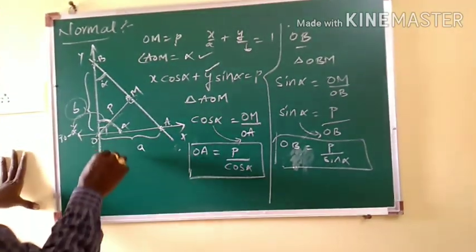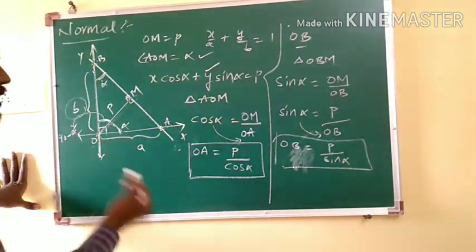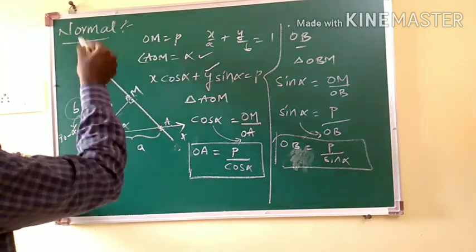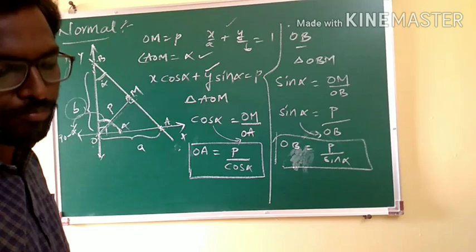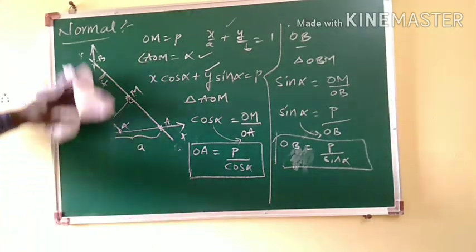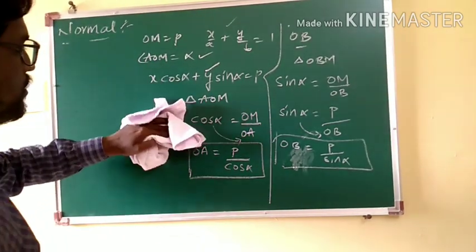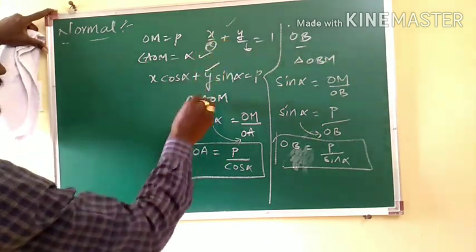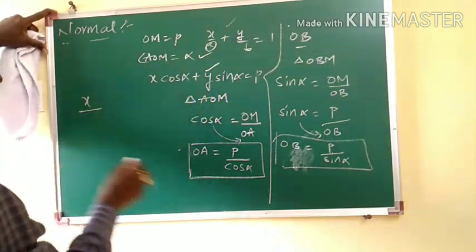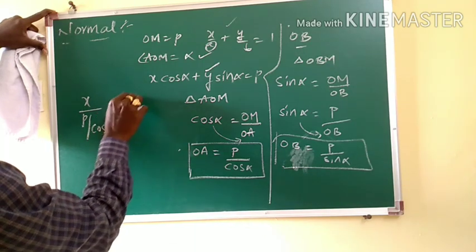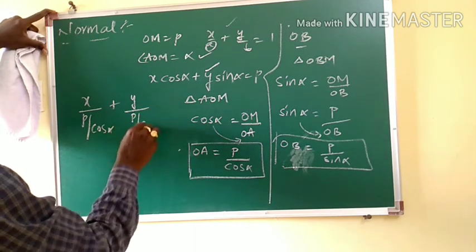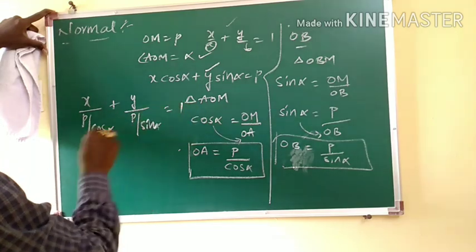Now we are aware of the lengths OA and OB, meaning we are aware of the intercepts of the line AB. Then what is the intercept form? X by A plus Y by B is equal to 1. Let us substitute there. On substituting A, that is OA, X by P by cos alpha plus Y by P by sin alpha is equal to 1.